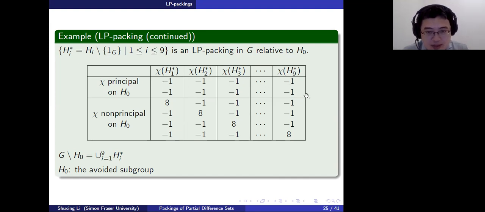If you read across the table, whenever chi is principal on H_0, you shall always see constant -1 value. Whereas if chi is non-principal on H_0, you shall see exactly one 8, and all the others are -1. So given this nice property, we can derive that taking the union of members in the LP packing, we will cover all the elements in G except those in the subgroup H_0 that we are relative to. That's why we call H_0 the avoided subgroup.